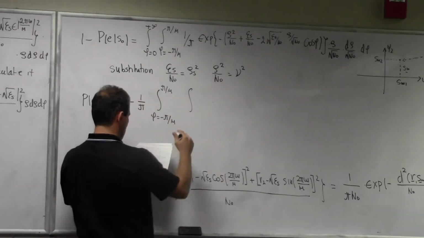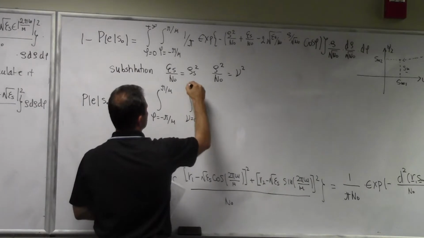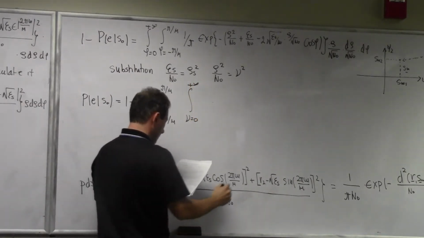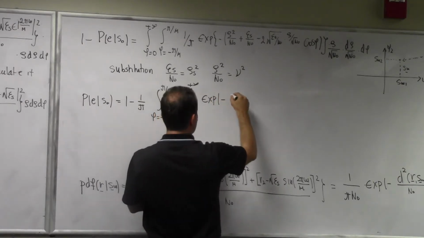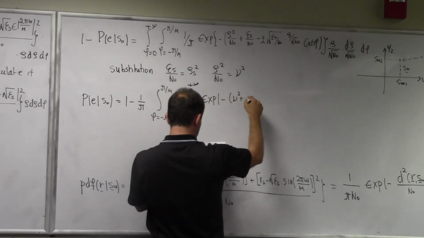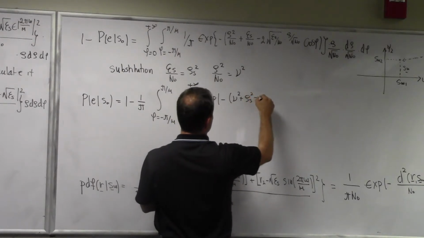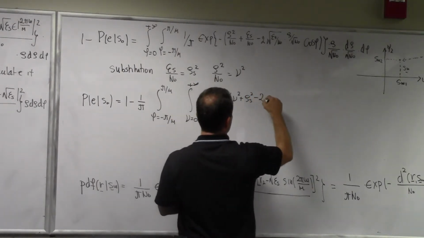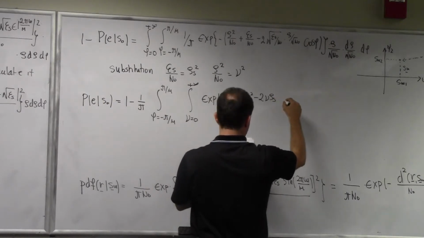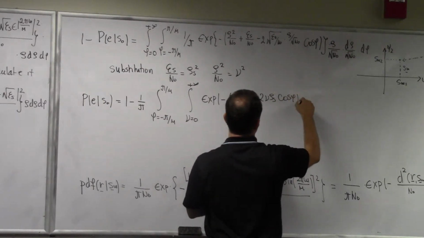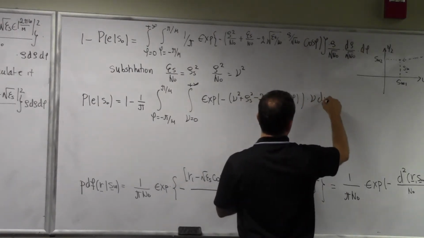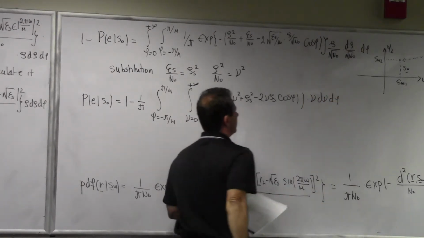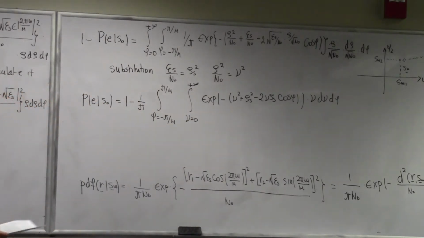It's the same thing, right? Nu goes from 0 to plus infinity. And then I have e to the minus nu squared plus rho s squared minus 2 nu rho s cosine phi, nu d nu d phi.